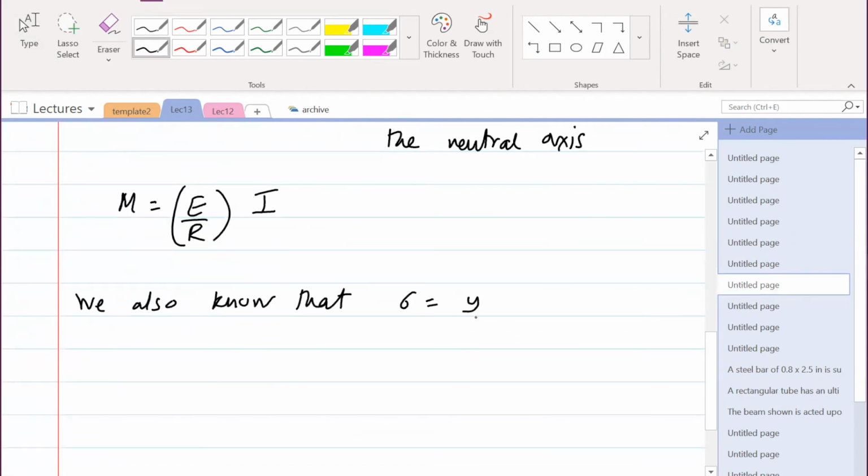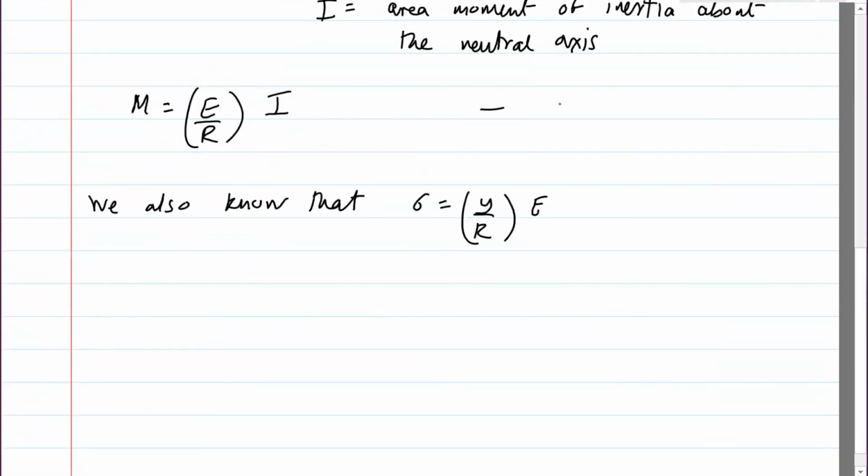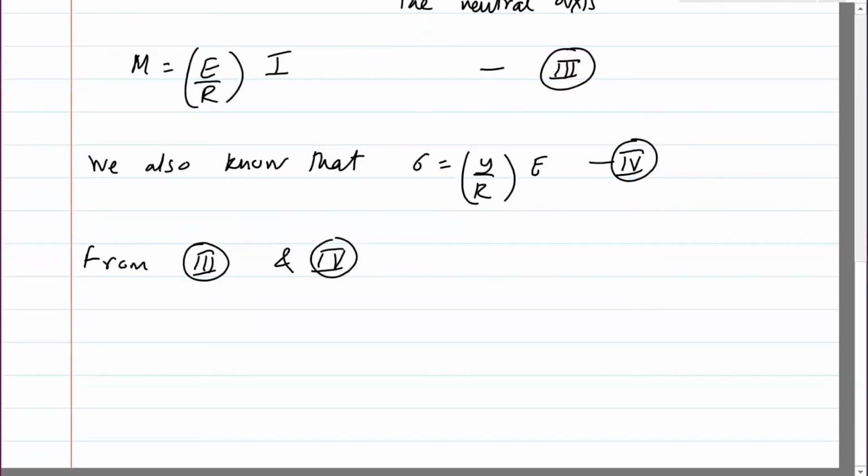Sigma equals y divided by R times E. So what I'm going to do is try to write all these expressions in one single equation, 3 and 4. So from 3 and 4, and this is the only expression you ought to know in order to solve problems, I find M divided by I equals E divided by R.